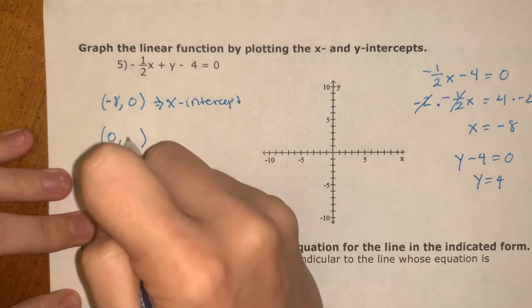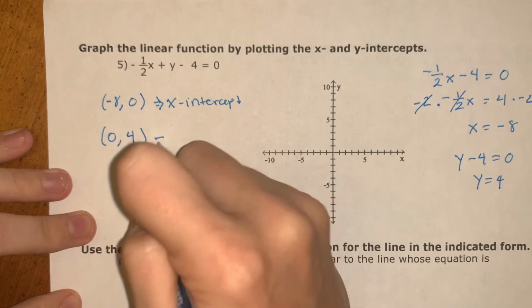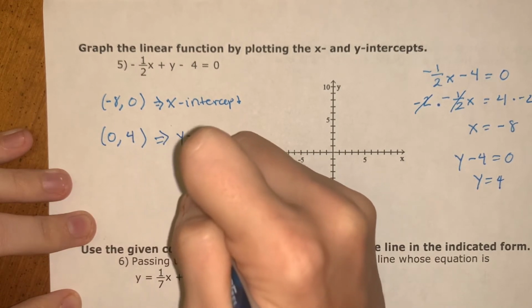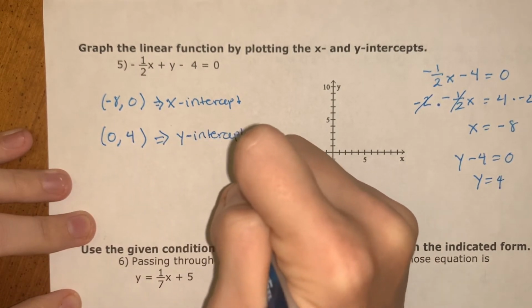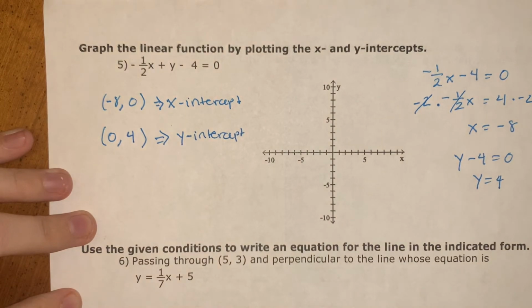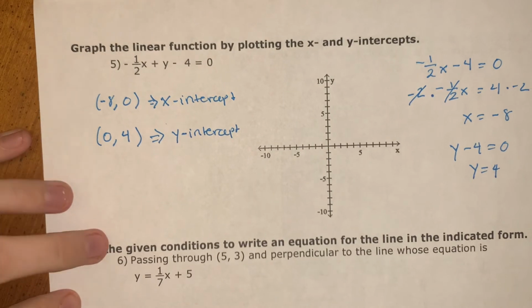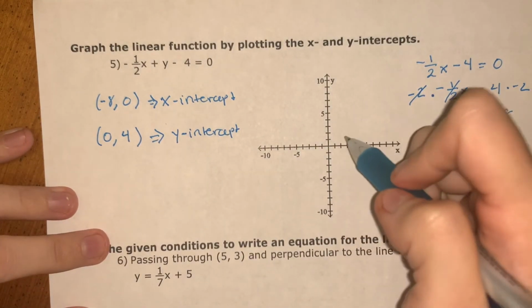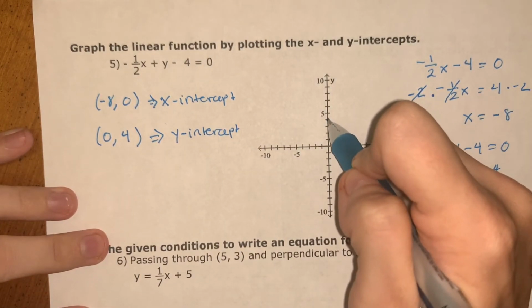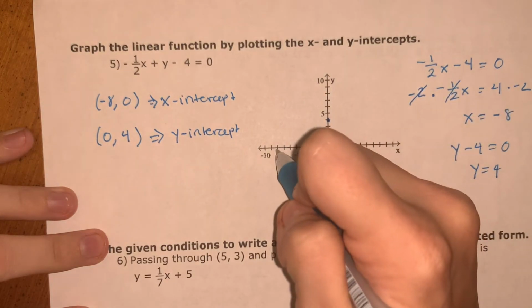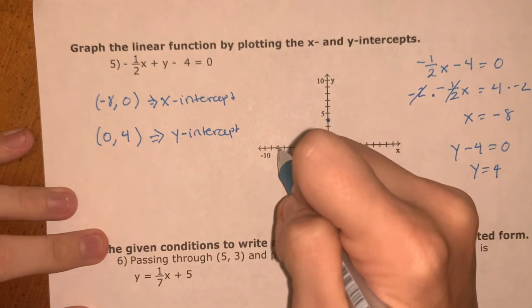So my y-intercept is now 0, 4. Okay, so we have 2 points. Let's plot them, and then we can connect them with a line. So here's 0, here's 4, here's negative 8, here's 0.